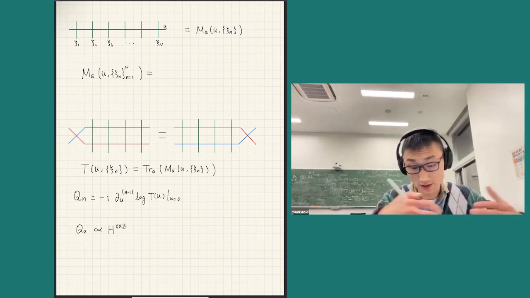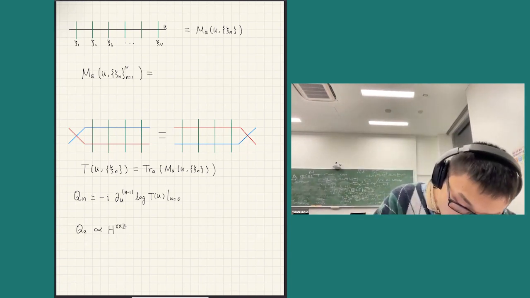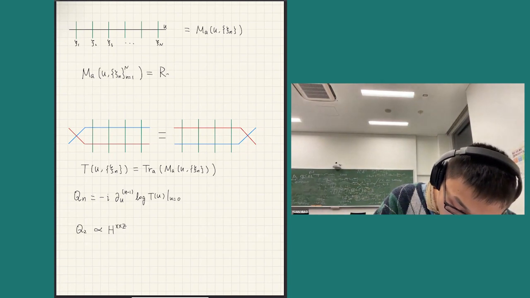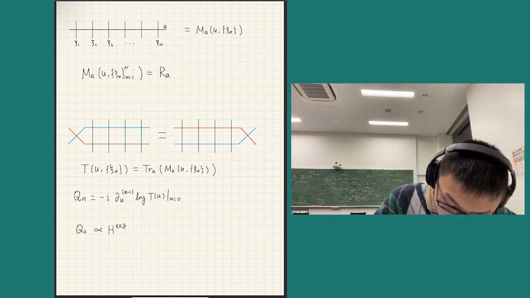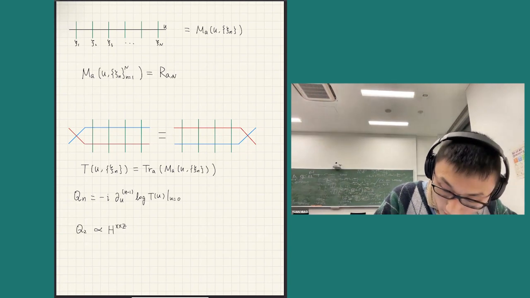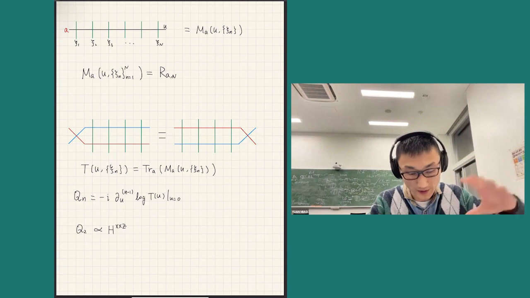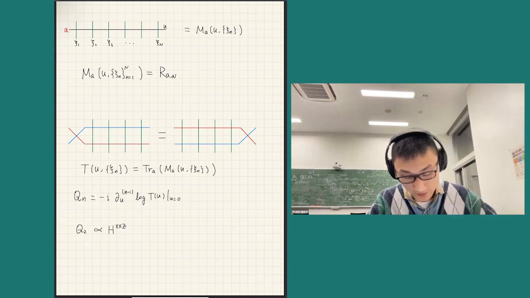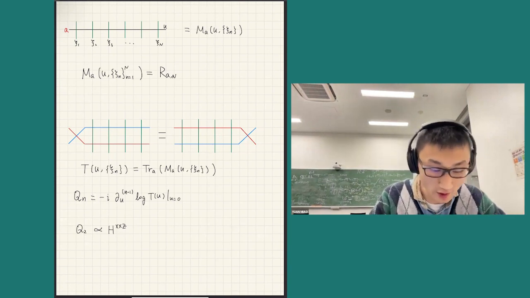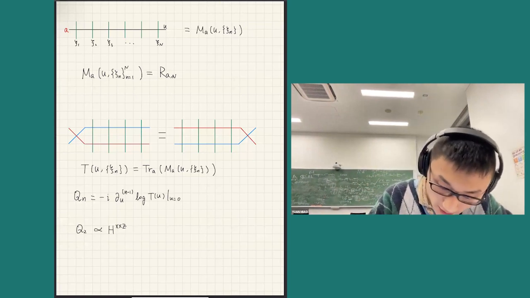So this operator is essentially a product of R_AN, where the A is simply the physical space that's called auxiliary. So you will see in a moment.